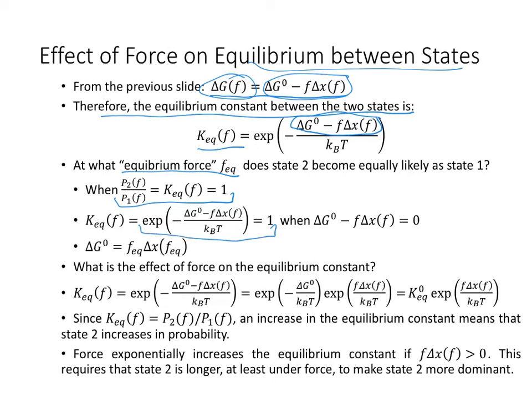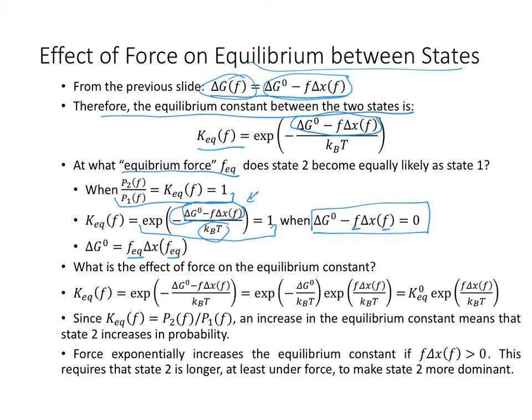An exponent of something is equal to 1 when what's inside the exponent is 0. The denominator is a set value, so to get the whole thing to 0, we need the numerator to be 0, including the negative, but it doesn't matter when you set it to 0. So this tells us that this thing inside must be 0 at the equilibrium force. Since this is the equilibrium force, we'll rewrite that as F equilibrium.